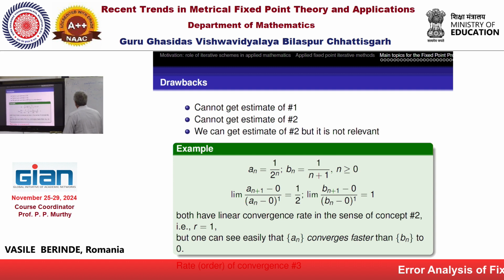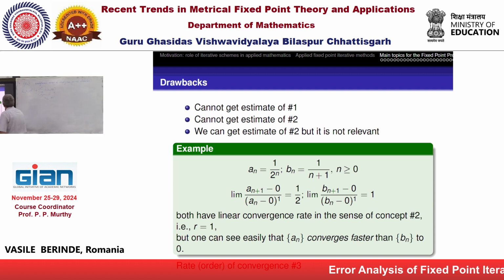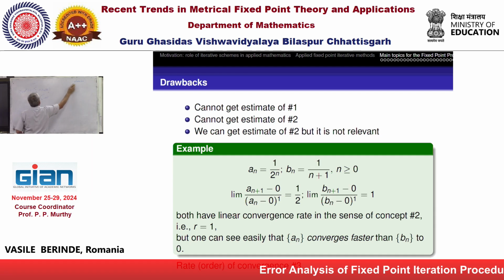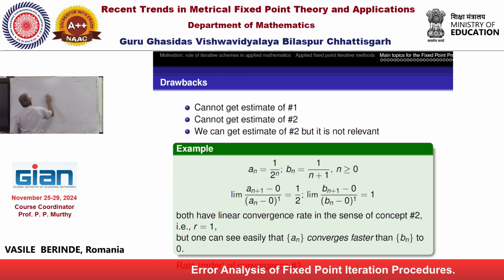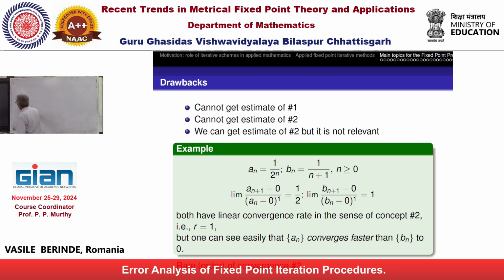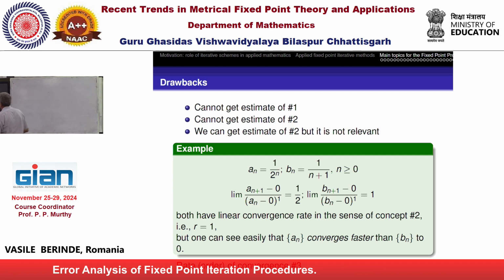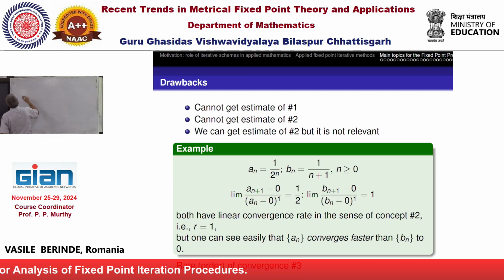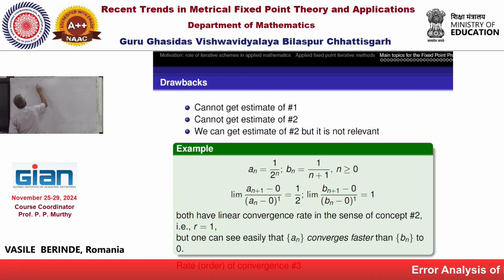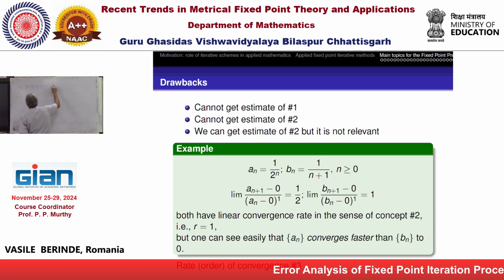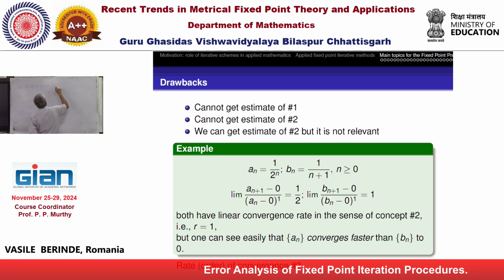And I want to show you this concretely here. This is the simplest example we can have to clarify this problem. You can see these sequences, An and Bn. An is 1 over 2, 1 over 4, 1 over 8, and so on, 1 over 2 to the power n.